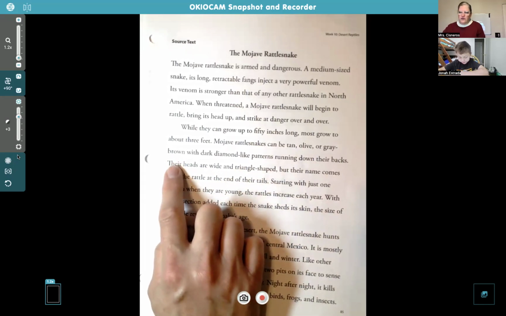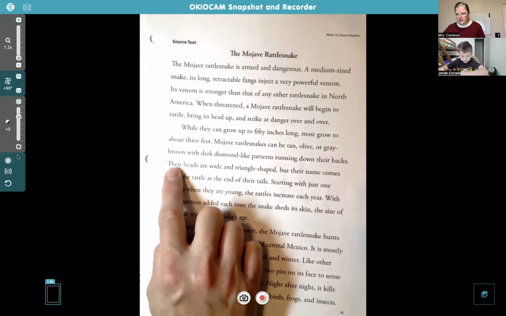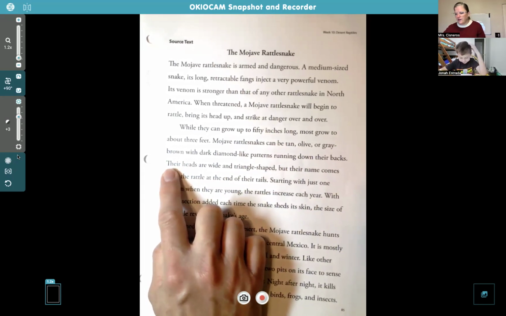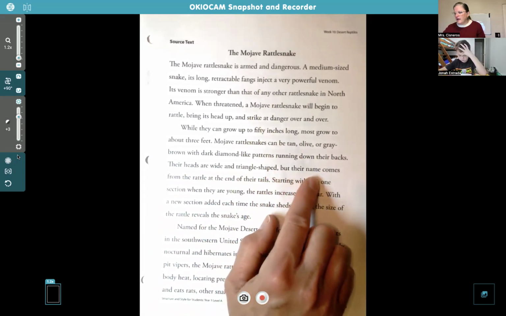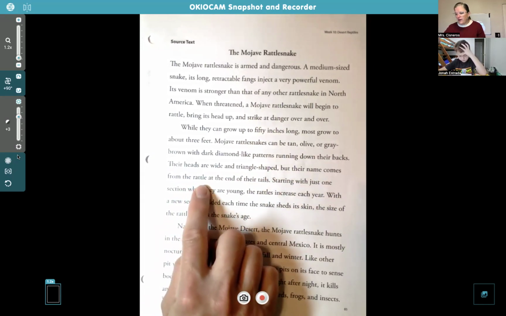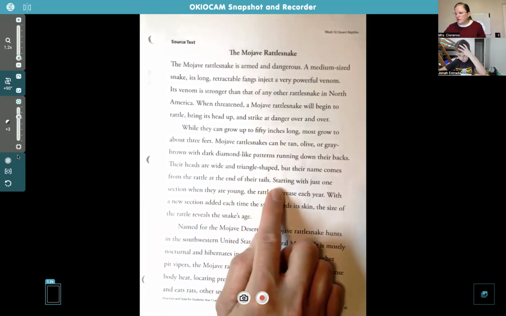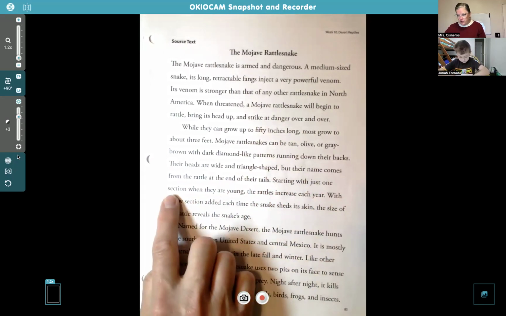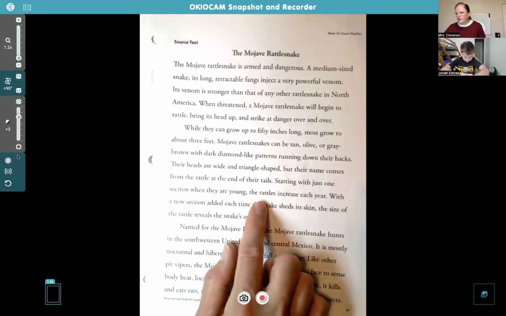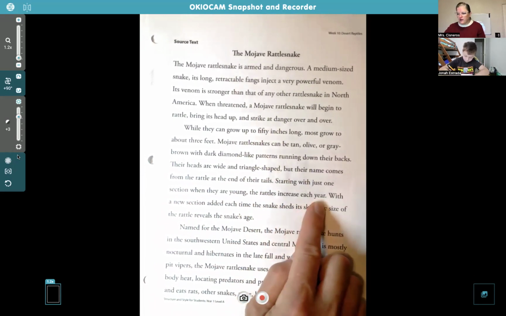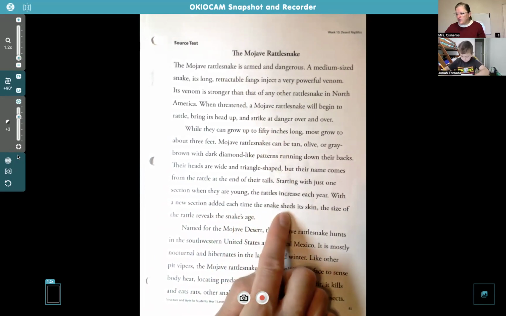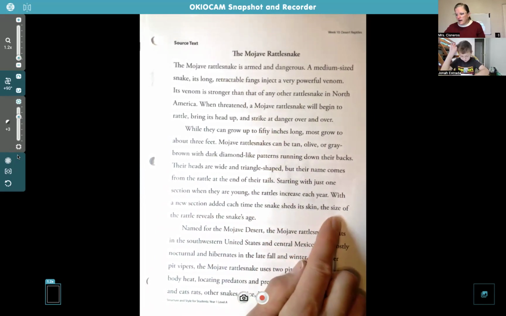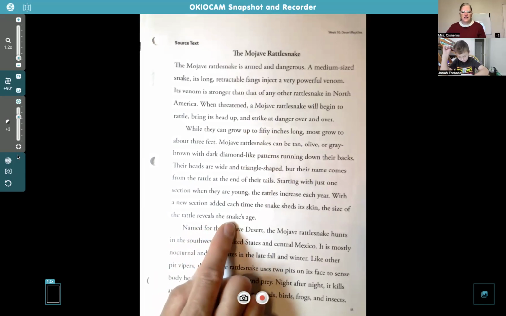I know a lot of this stuff is good, but try not to underline every sentence, okay? Their heads are wide and triangle shaped, but their name comes from the rattle at the end of their tails. Starting with just one section when they are young, the rattles increase each year, with a new section added each time the snake sheds its skin. The size of the rattle reveals the snake's age.